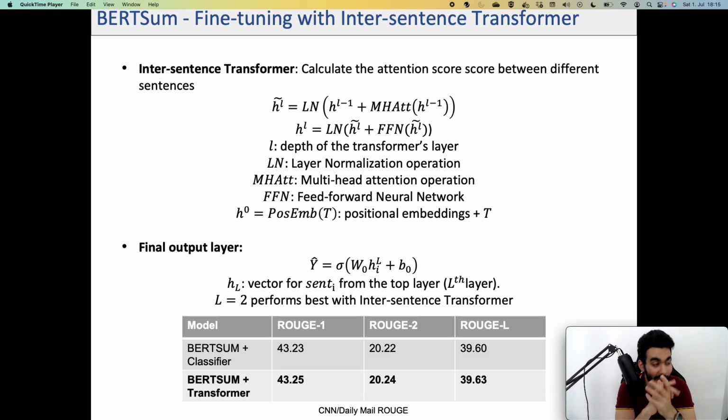But then they also went one level deeper, and instead of putting a single linear layer, they presented an inter-sentence transformer. And this inter-sentence transformer is supposed to calculate the attention score between the different sentences that are denoted by T1 to TM.